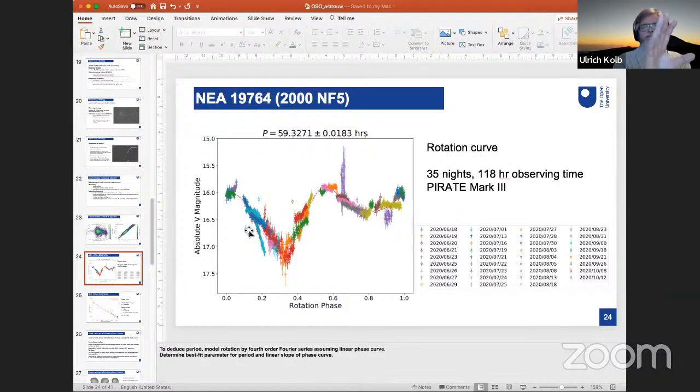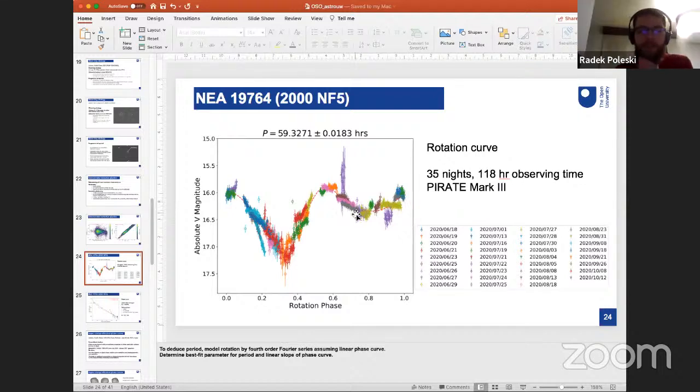So some of the scatter you see here has a physical origin, which is this phase curve change with time. And some is certainly artifacts because of the data analysis or incomplete data sets.